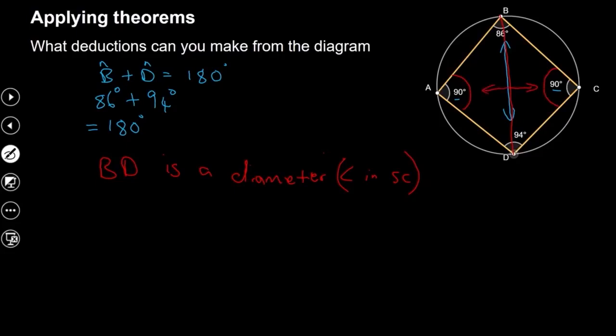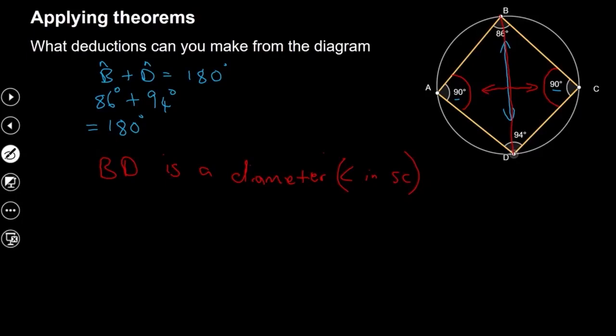The other deduction I know that somebody might say is that ABCD is a cyclic quadrilateral. Really, you can say that is a deduction, but it's not really a deduction. Why? Because already the four points are on the circumference of the circle. Given that they are on the circumference, I can't really say it's a cyclic quadrilateral as a deduction.